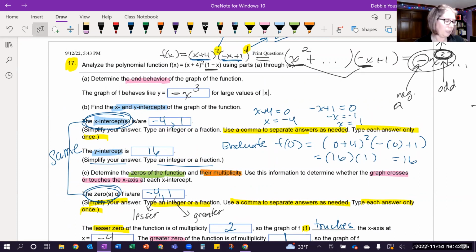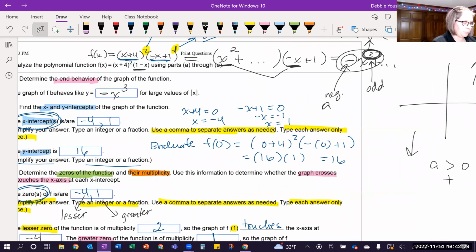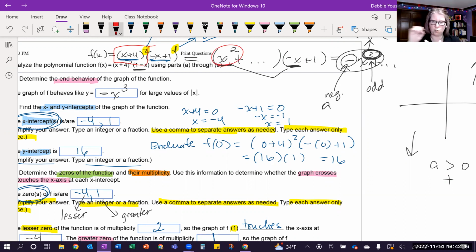Yeah. So what I did is I pretended that I was going to multiply out all of this with the factors. And so if I had x plus 4 squared, then that would have eventually given me an x squared at the beginning, and then I'd have some other terms when I distribute. But I want to focus on the beginning.